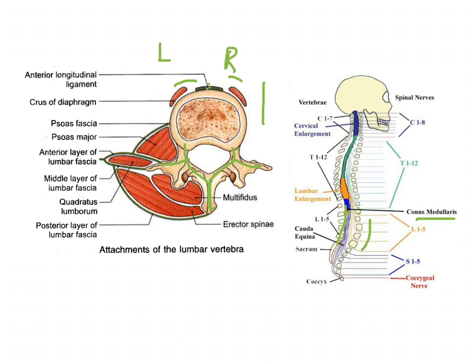Now we know that these are the pedicles here. Yes, this one is a pedicle. So the pedicles are related above and below to the spinal nerves, because these pedicles form the intervertebral foramens.